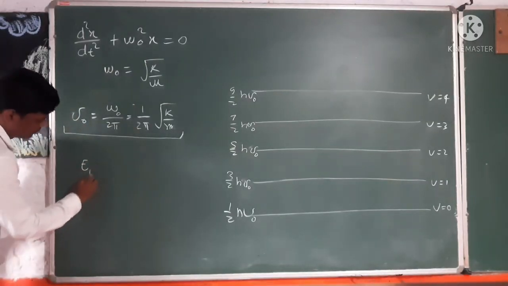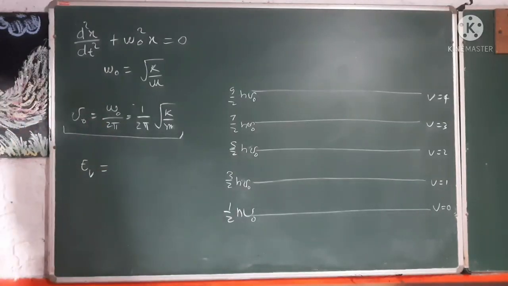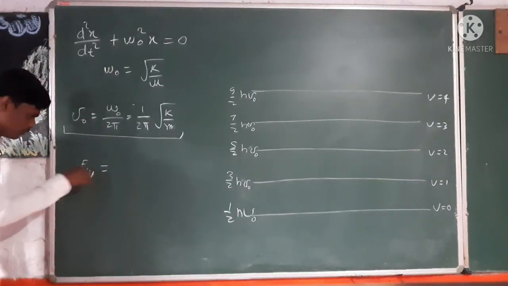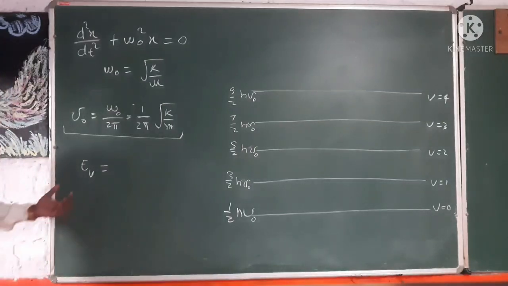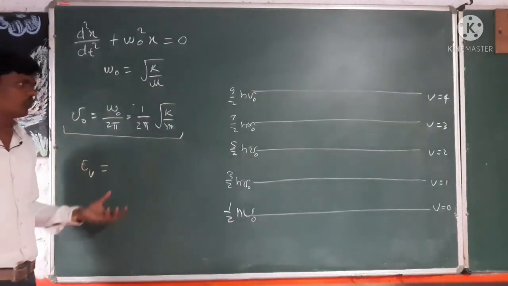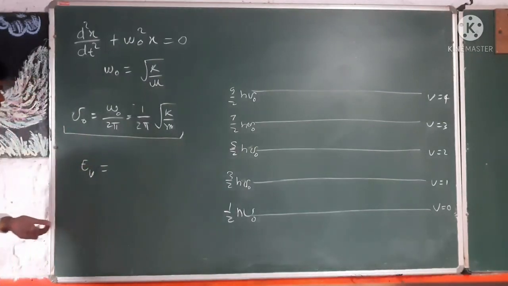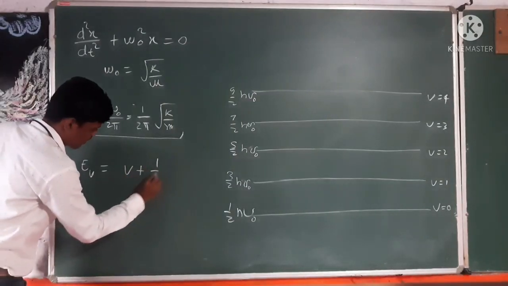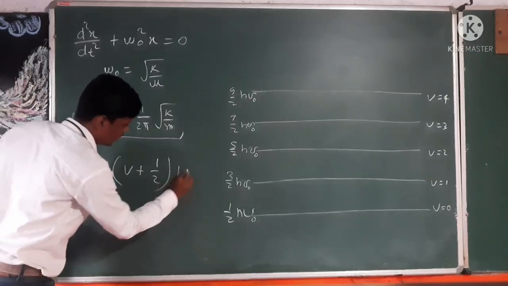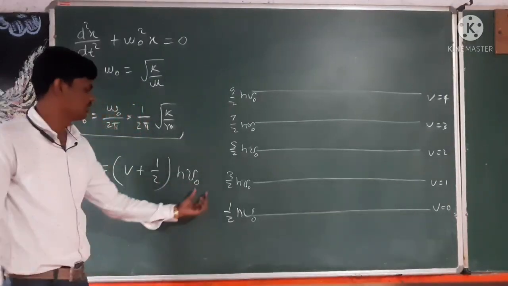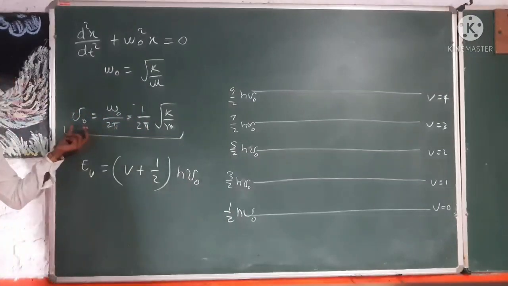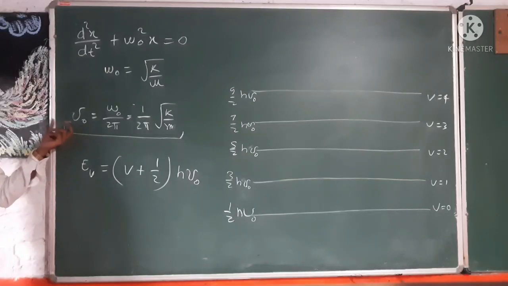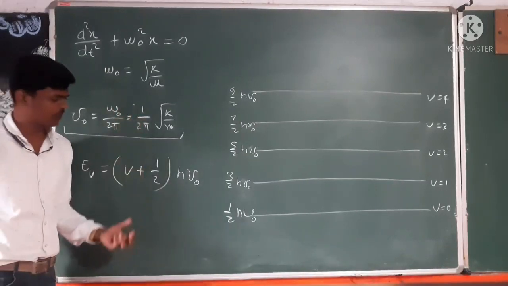Now, according to quantum mechanics, we have the expression for energy of a vibrating diatomic molecule or an oscillator. We have E equals v plus half into h nu naught. Here, this nu naught is nothing but this natural frequency of vibration for the simple harmonic oscillator.